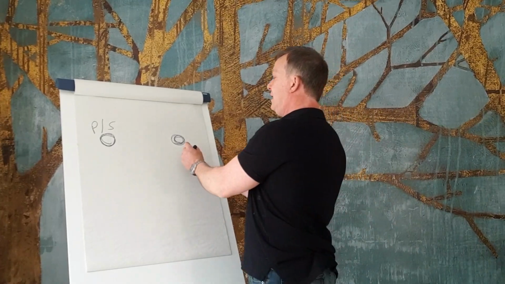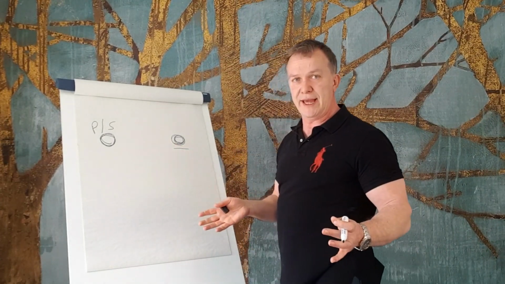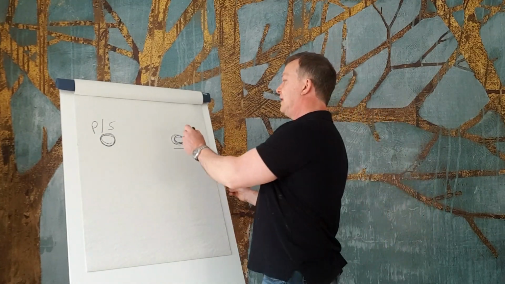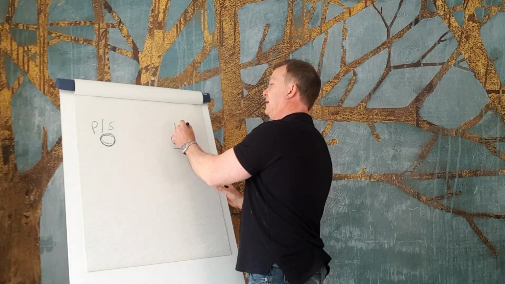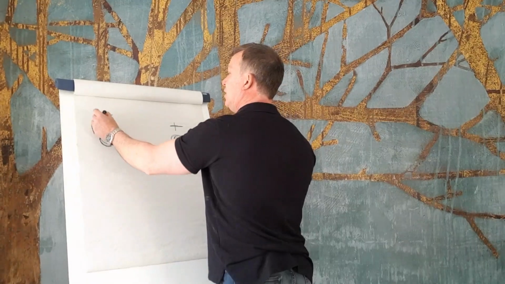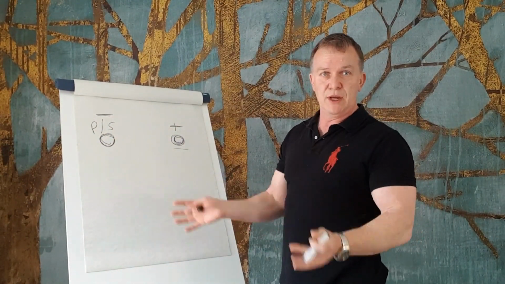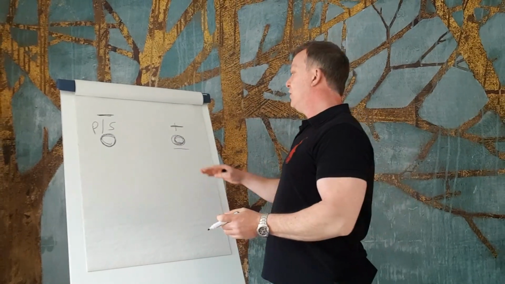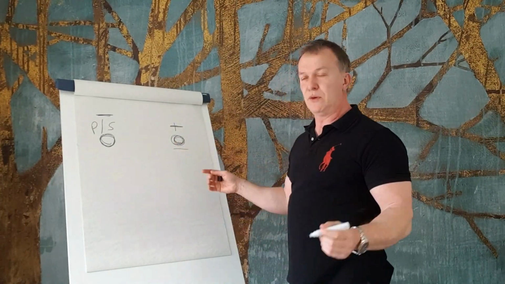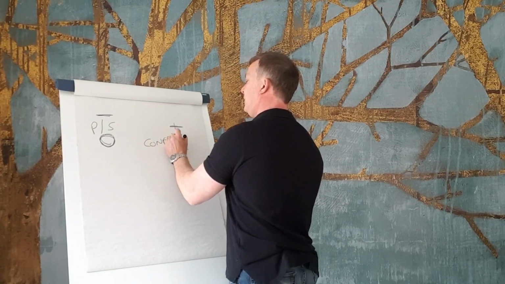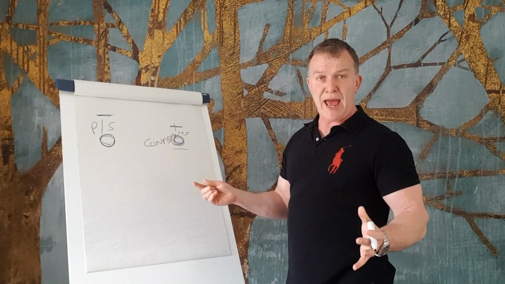Now you may need to do what's called stacking anchors, because the key to collapsing anchors is that the positive state has to be more powerful than the negative state. Otherwise it's just going to collapse into it, not collapse it down. So let's say for example they say I want to feel confident. So you anchor confidence. And then you could add something else.